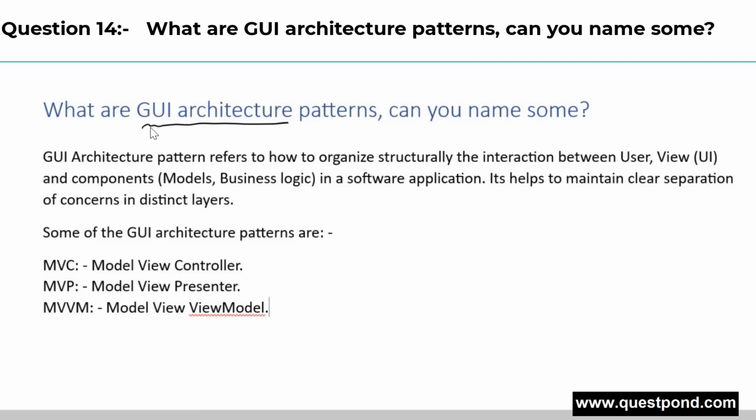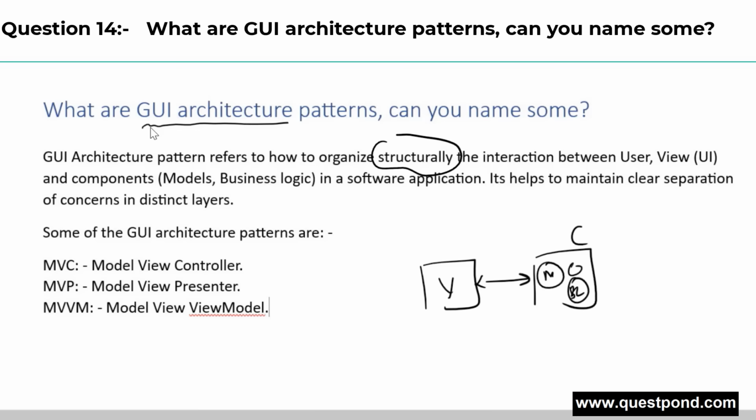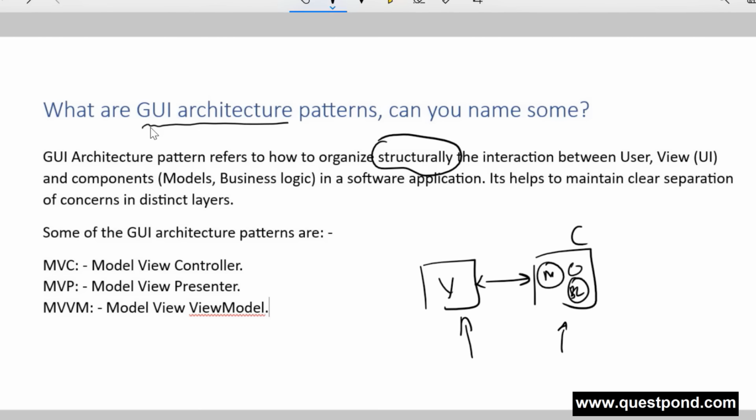When you look at your code, you have a view and you have components at the back. When I say components, I'm talking about the model, the business logic, and a lot of other things. The GUI architecture pattern refers to how you can structurally organize the interaction code between the view and the components.